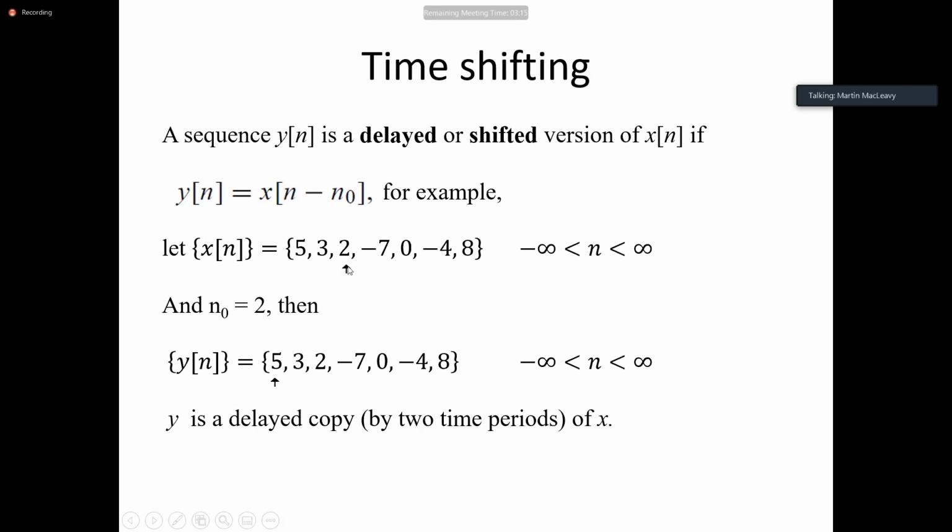So here, this is our x of 0's value, and having delayed it, we've shifted, and this now becomes our x of 0's value.